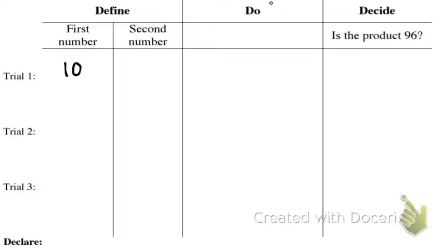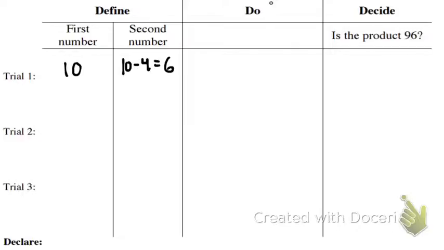Now if the first number is 10, what is the second number going to be? We know that if we subtract them, we have to get a 4. So I know that the second number would have to be a 6. 10 minus 6 will give us the 4.